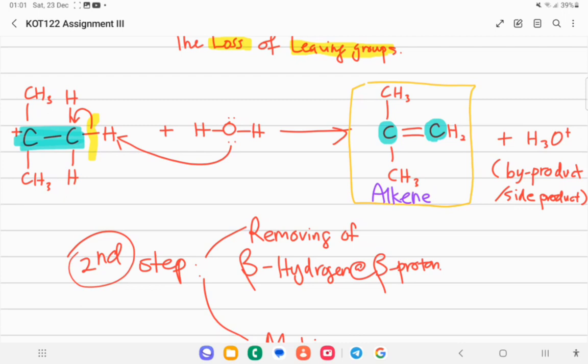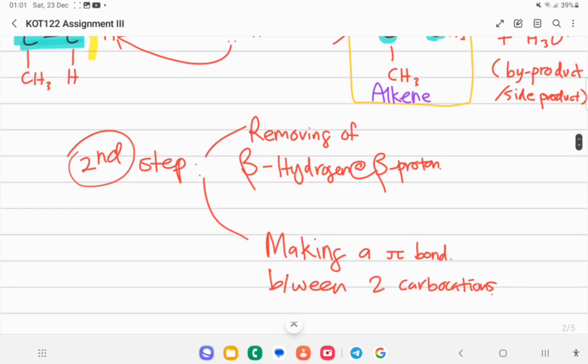In the second step, two things happen. The first is that our beta hydrogen, or beta proton, will be removed by our base, which is the other reactant, in this case water.